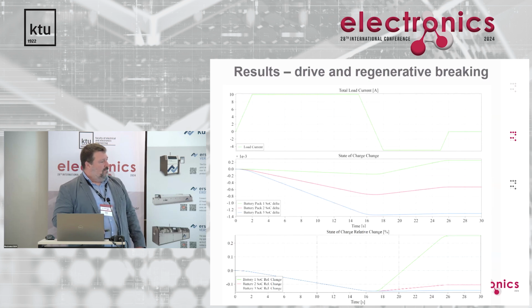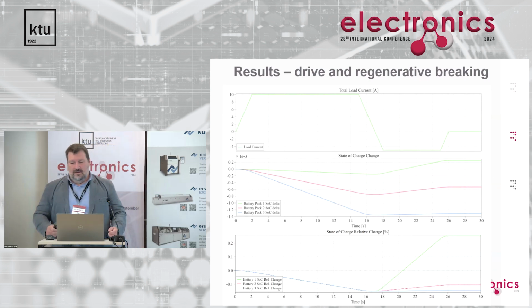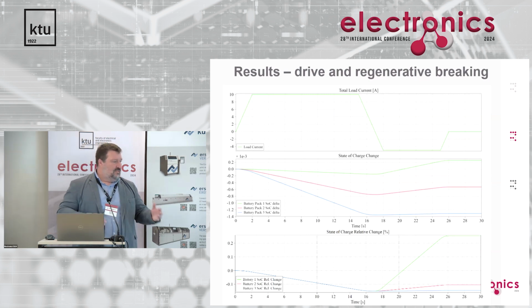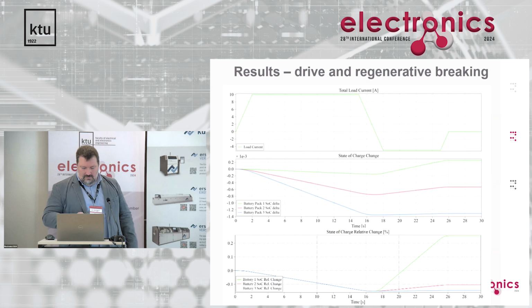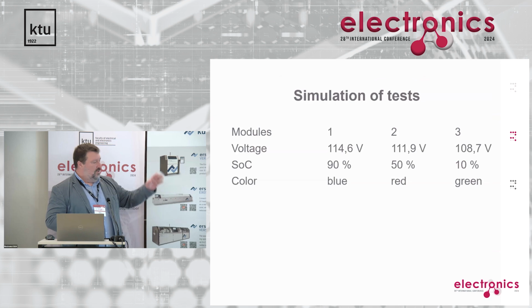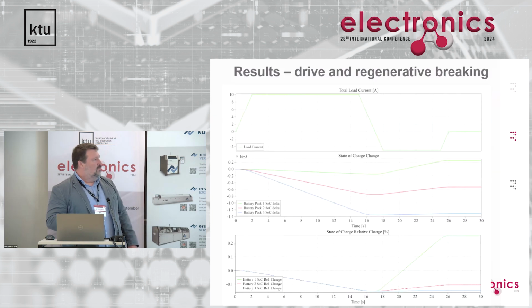We did a lot of thinking how to do the best presentation of this phenomenon, let's say. And as we say, I will repeat, blue is the most charged module. And as you can see, state of charge changes.